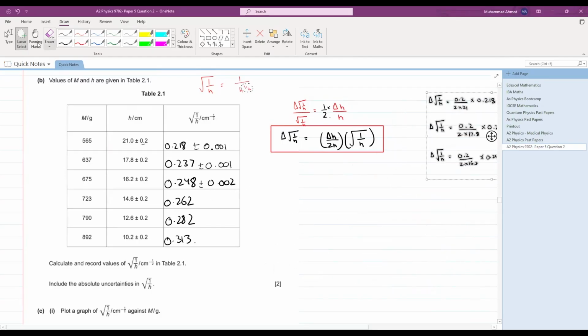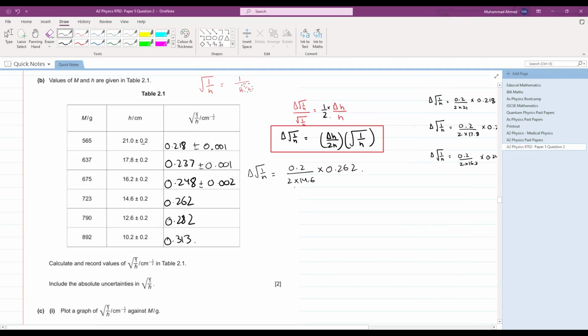So if you see the fourth row, the absolute uncertainty in 1 over h is equal to what? It is equal to the absolute uncertainty in h, that is 0.2, divided by 2 into h, that is 14.6, multiplied by 1 over h, that is 0.262. Simple as that.